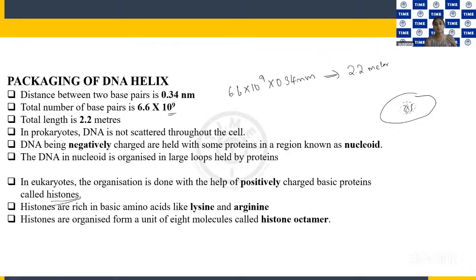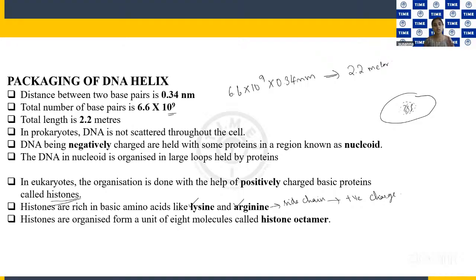Histones are rich in basic amino acids like lysine and arginine. These are the names of two amino acids. Basic amino acids means their side chains have a positive charge.